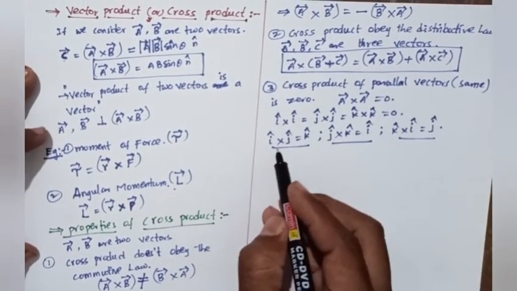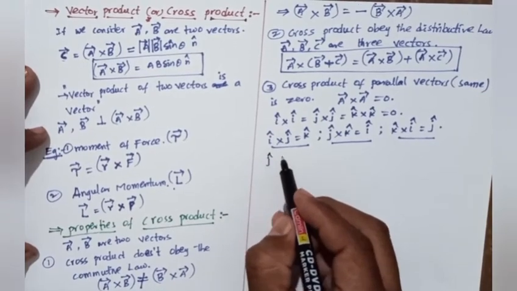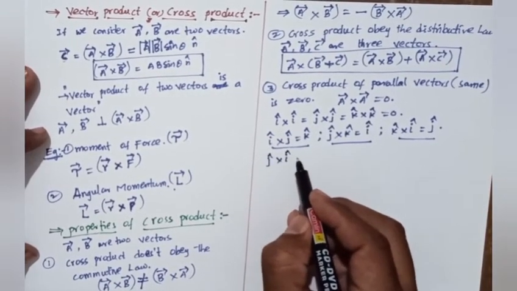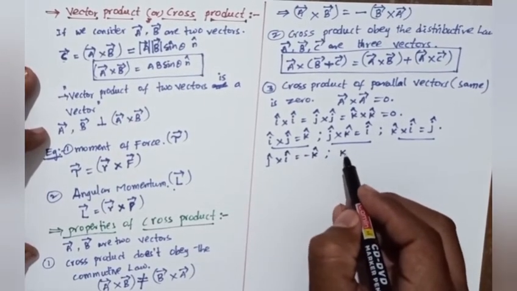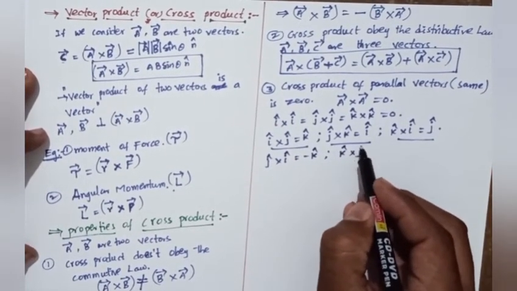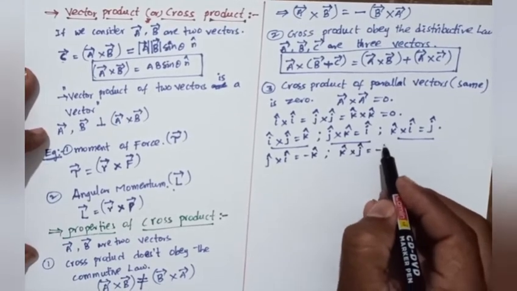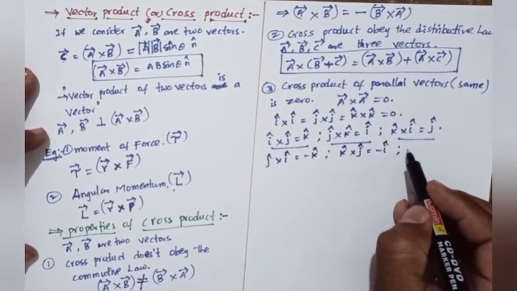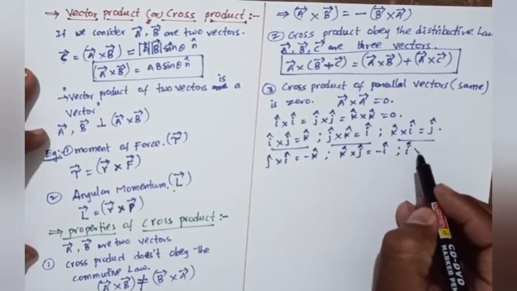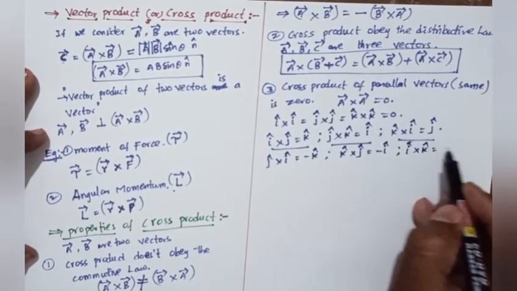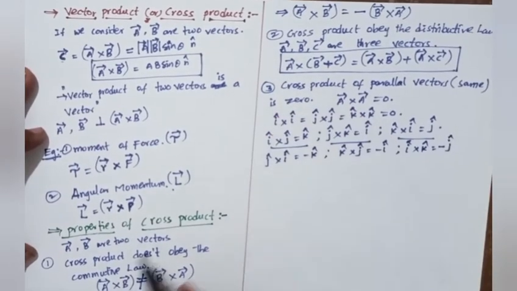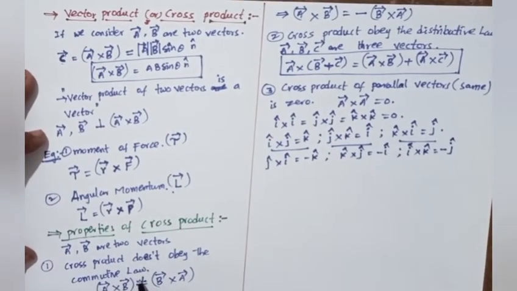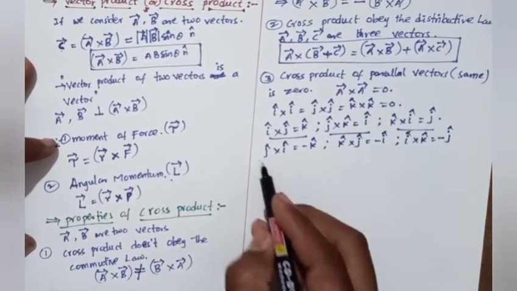These are cyclic. For the opposite direction, J cap cross I cap equals minus K cap, K cap cross J cap equals minus I cap, and I cap cross K cap equals minus J cap. So the cross product doesn't obey the commutative law.